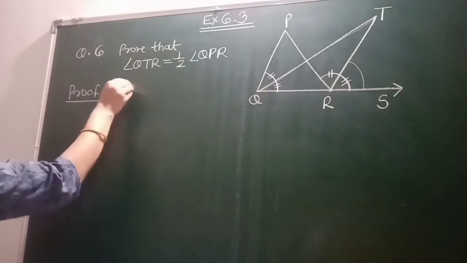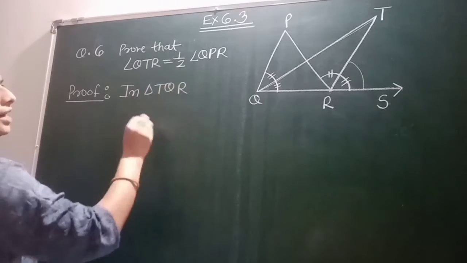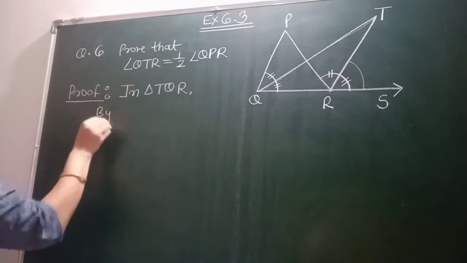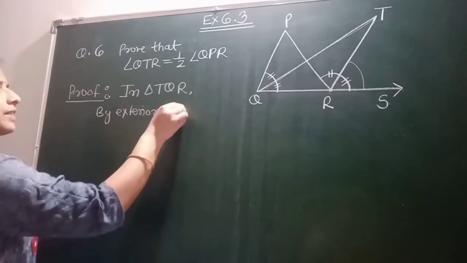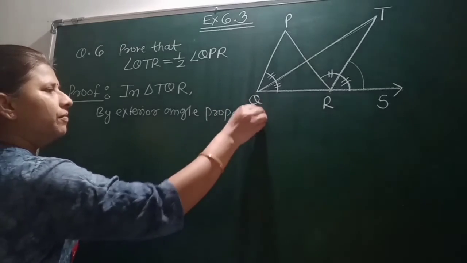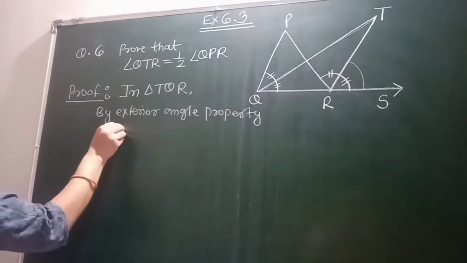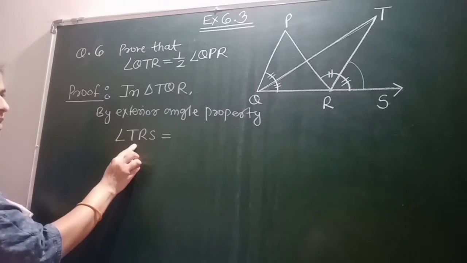Okay, so in triangle TQR, by exterior angle property, what will we get? We will get angle TRS. This one is your exterior angle.